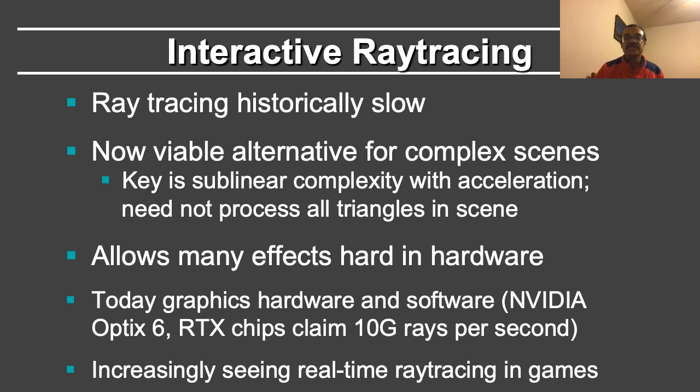But in the last 2 years really, and I'd say more broadly in the last 5 to 10 years, graphics hardware and software has progressed at an amazing rate, starting with perhaps NVIDIA's OptiX 5 and OptiX 6 and the RTX graphics chips that came out in 2018, which are now claiming speeds of 1 billion to more than 10 billion rays per second.